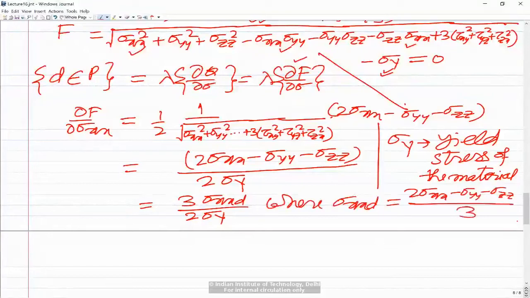So this is sigma xx minus the mean stress, sigma xx minus (sigma xx plus sigma yy plus sigma zz) by 3. So you get this expression, and this is a component of deviatoric stress.